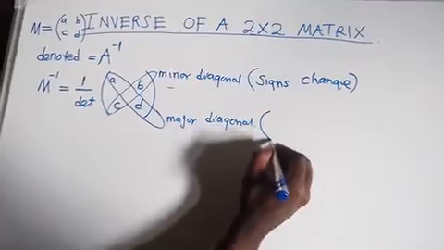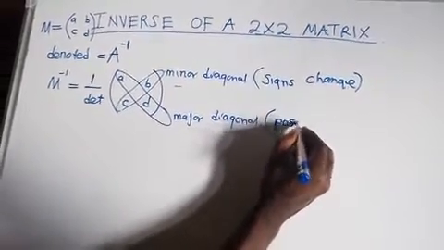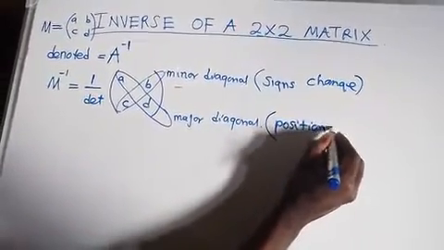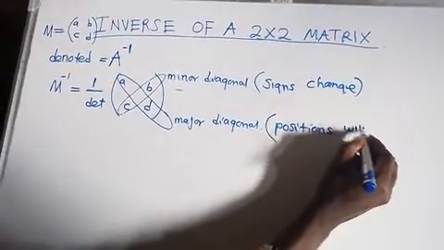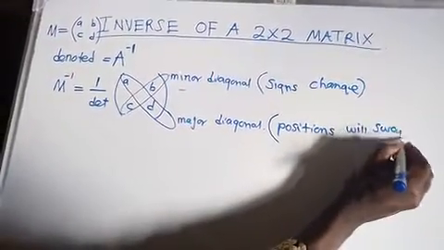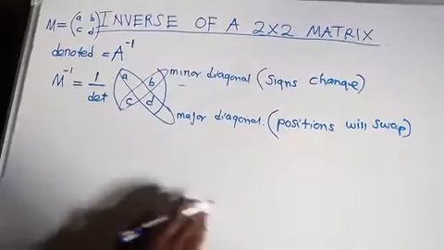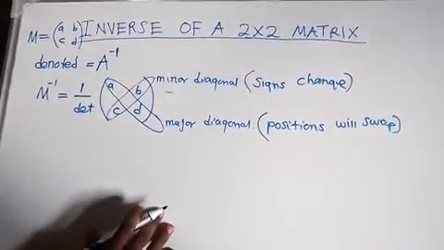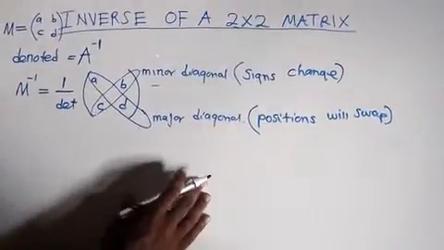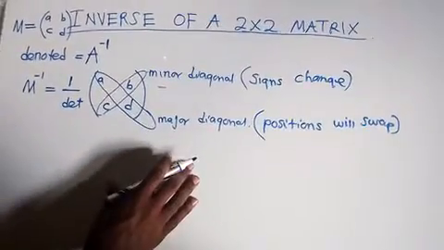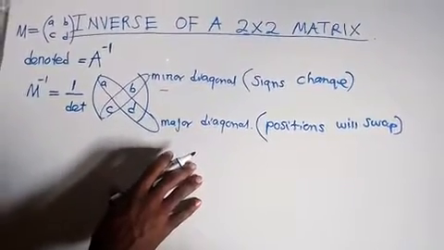But in the major diagonal, positions will swap. These are 2 points that you need to know and understand. So make sure you understand all this part that I'm trying to explain.